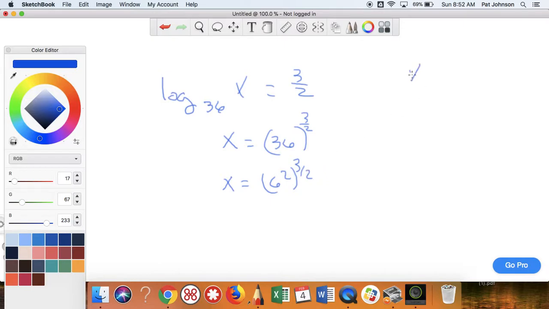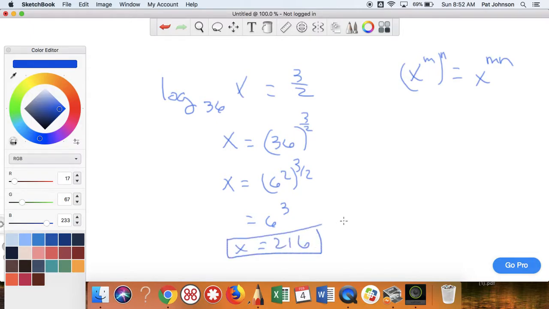Now we are going to use the power of power rule that says we multiply the powers. So 2, it's got no fraction, times 3/2 equals 6 cubed, which gives us our answer of x equal 216. No brainer, pretty easy, yes, because it was a perfect root. Or we could have put this in our calculator if it wasn't. We could have gotten an estimate and rounded it to whatever place value.